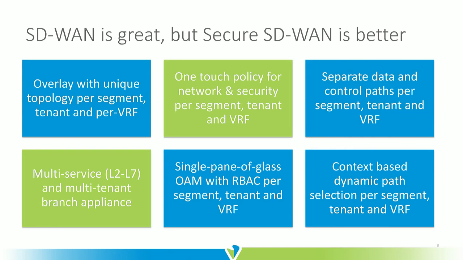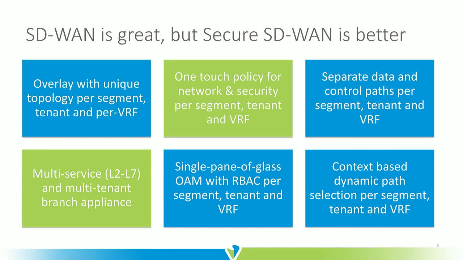This is obviously necessary for multiple lines of business, M&As, and multi-tenant services. And of course, one of the other more important pieces besides the obvious security is contextually based dynamic path selection on a per segment and per tenant basis.